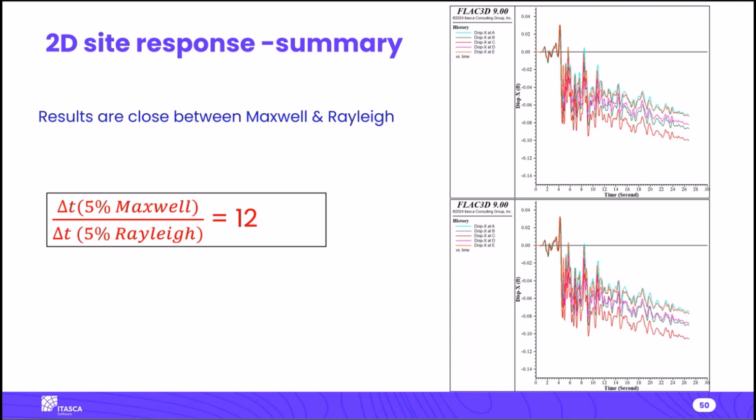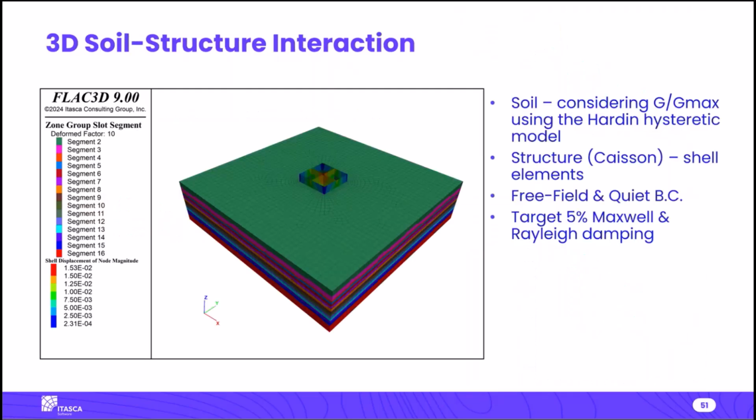So for 1D and 2D site response, because the model is not too big and the difference is only about 10 or 12 times, it's maybe not a big deal. But if we have a very large three-dimensional soil structure interaction model, because the stiffness of the structure is usually much bigger than the soil, if we use Rayleigh damping the allowable time step would be very small.